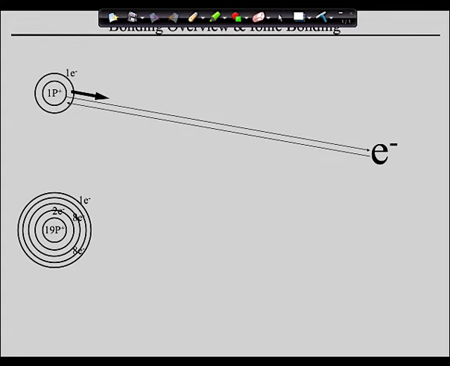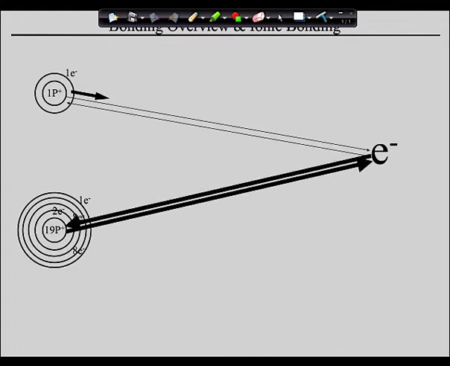So we go down here and we look at something like potassium. What do you know about the strength of the potassium nucleus? It's a whole lot more. So when potassium reaches out, it reaches out with a greater strength, trying to pull this electron into its orbits. But we also now have 19 electrons, and that is a huge amount of shielding.